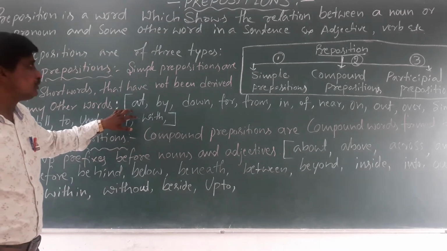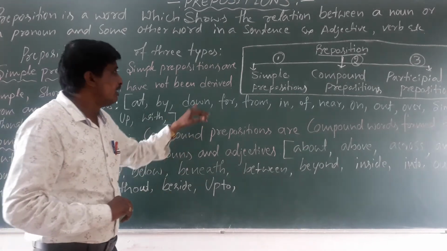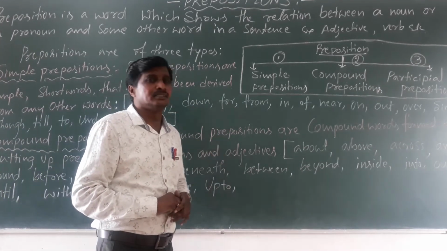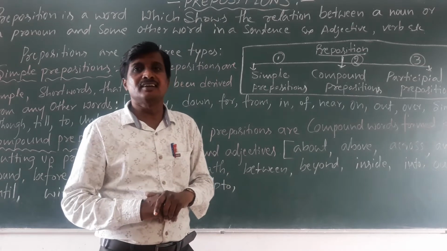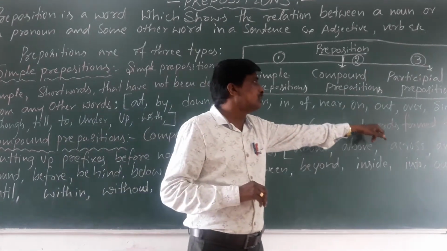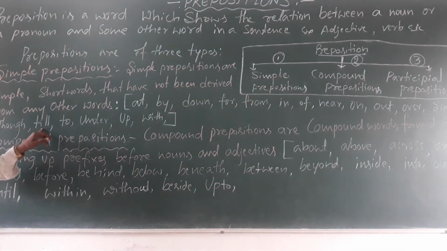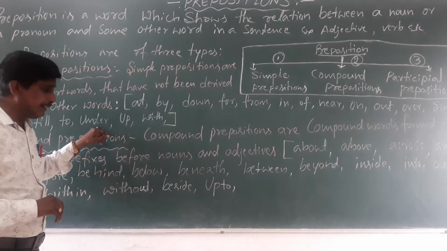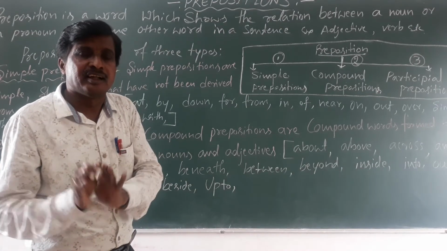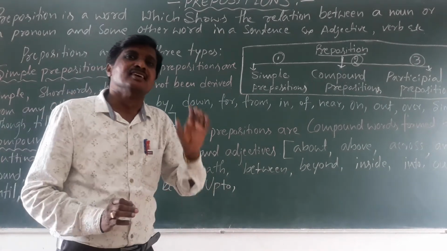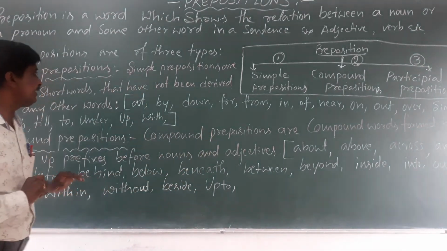For example, simple prepositions: at, by, down, far, from, in, of, near, on, out, over, since, though, till, to, under, with. All these are categorized as simple prepositions. One more time I will tell you. Please concentrate here.